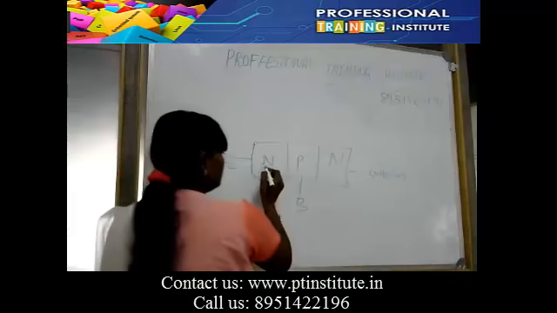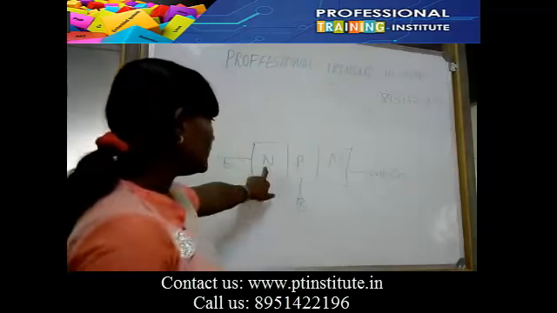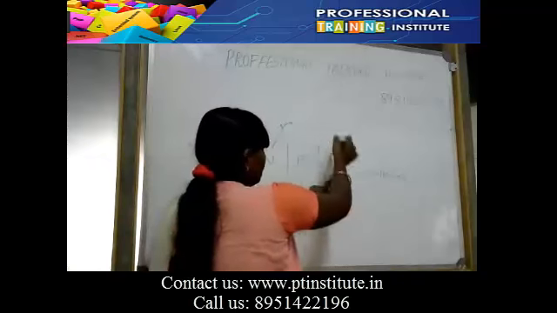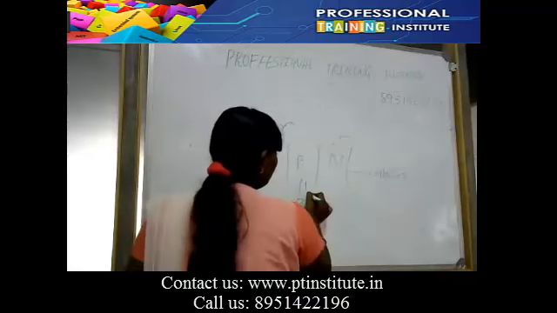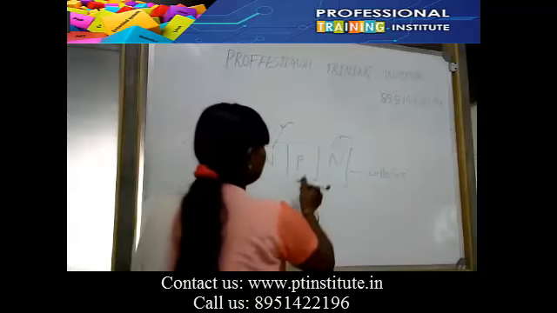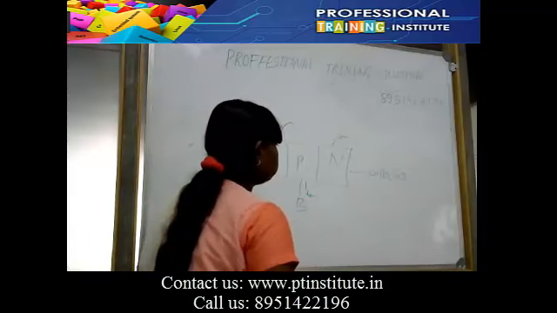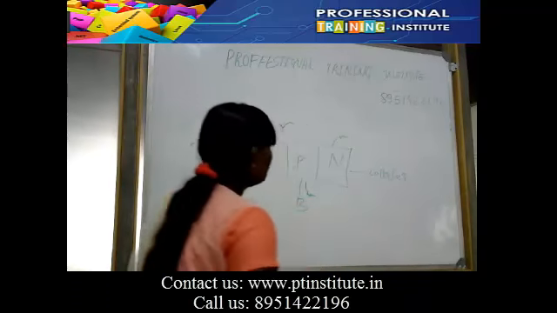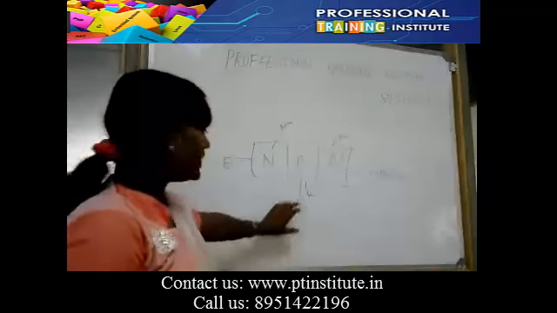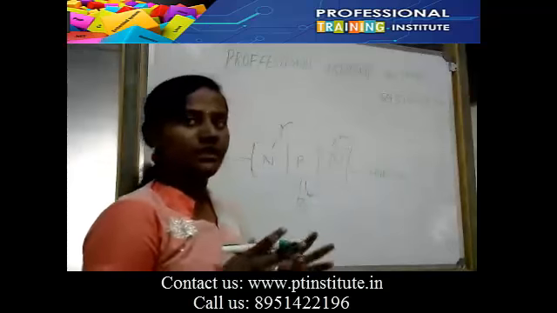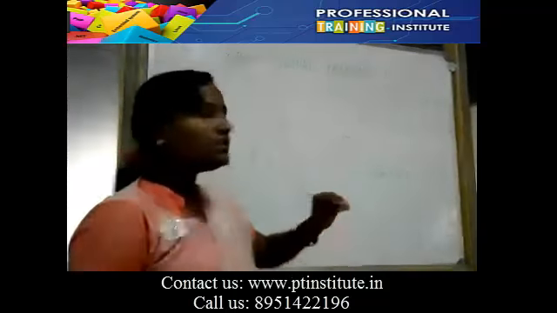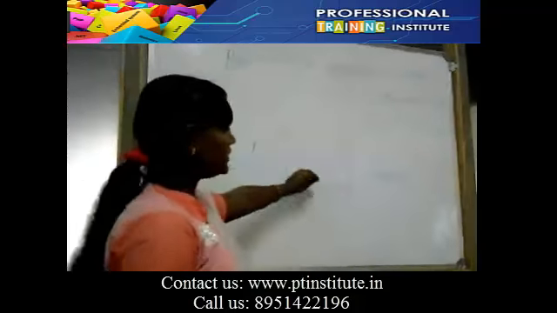The emitter is highly doped, the collector is moderately doped, and the base is less doped, because it controls the transistor. If more current flows, the conduction of the voltage may be high.